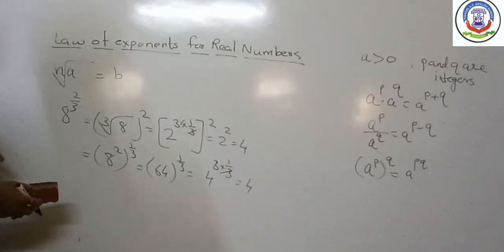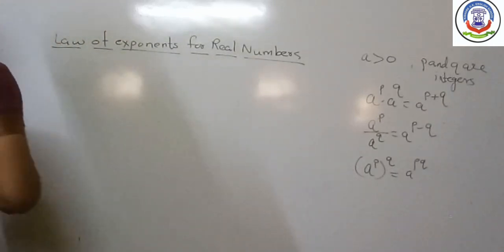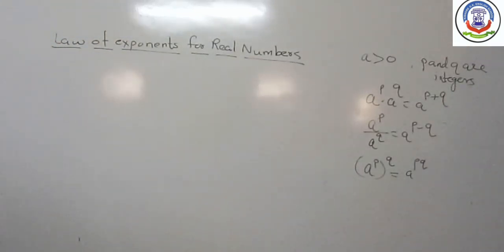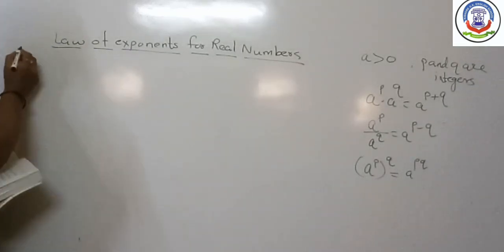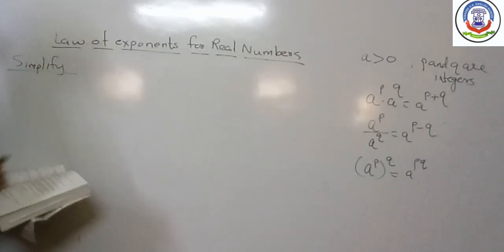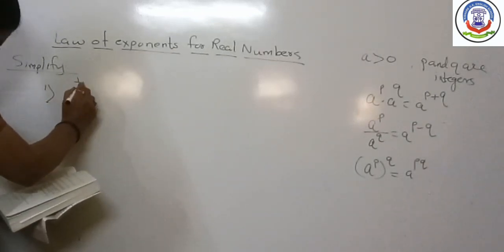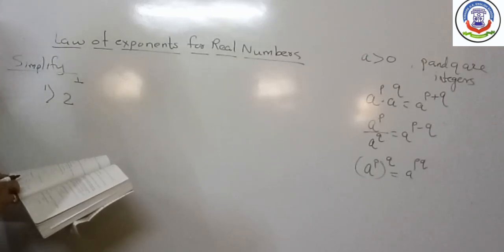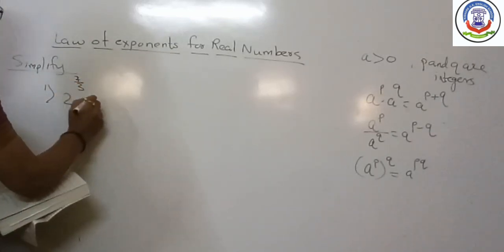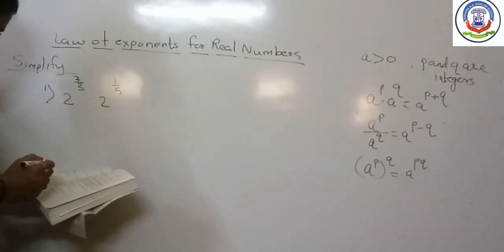Now let's solve the sums related to this law of exponents. Simplify: 2 raised to 2 by 3 into 2 raised to 1 by 5.